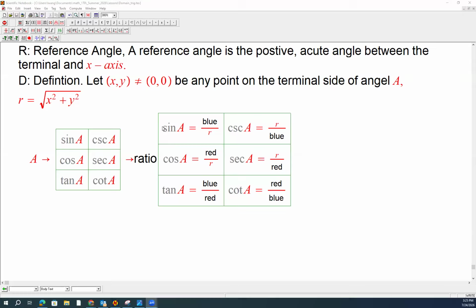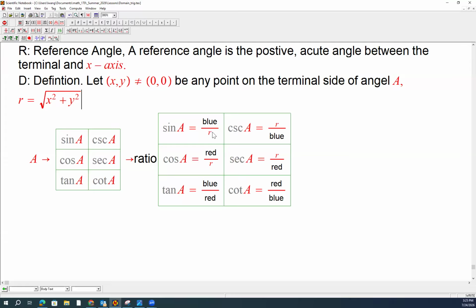From the definition, we can tell R is the denominator for both sine and cosine. And the way that we have chosen R, R is always positive because X and Y cannot be zero at the same time.